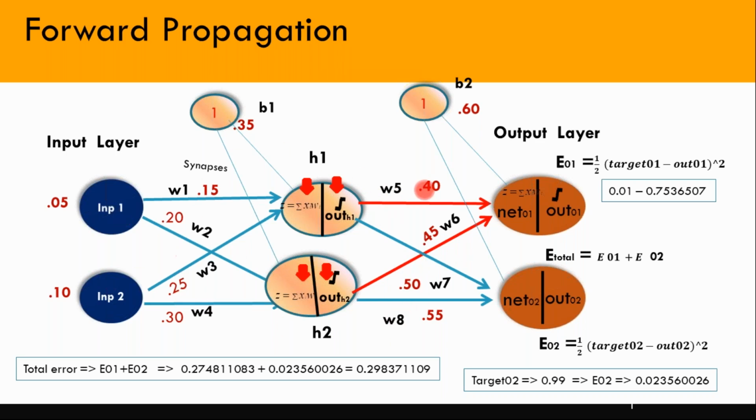So the idea here is we keep changing these weights. By changing the weights, we try to find the minima, right? We keep changing these weights to find the minimal cost. That's the whole objective.